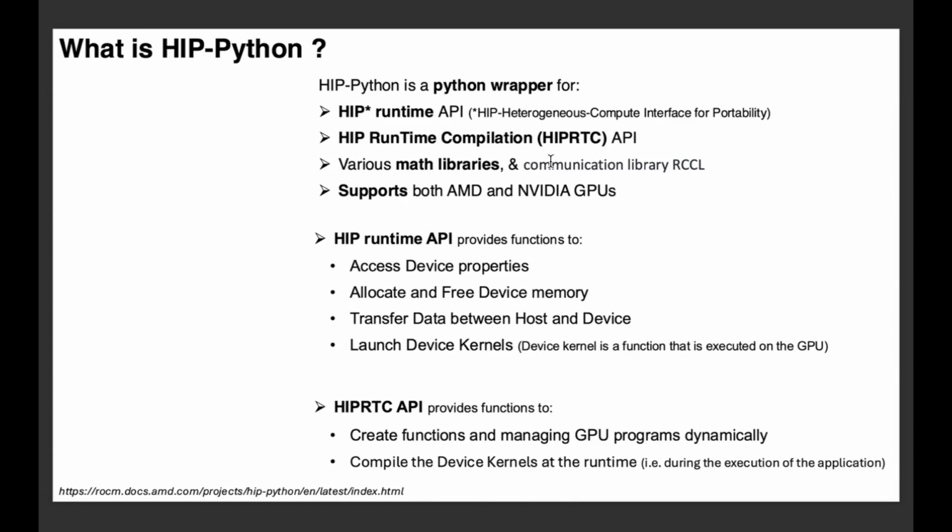You can also use multiple GPUs with the RCCL library. The interesting thing about HIP Python is that it's supported by both AMD and NVIDIA. So these are the things that I will try to cover in this presentation.